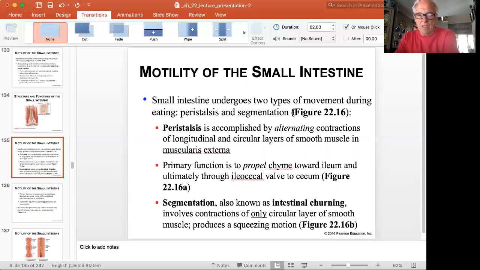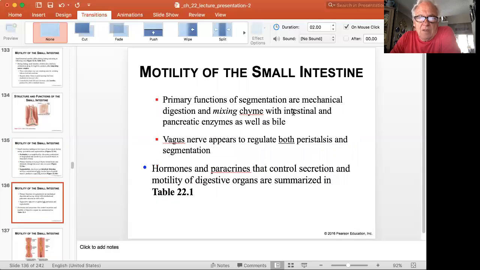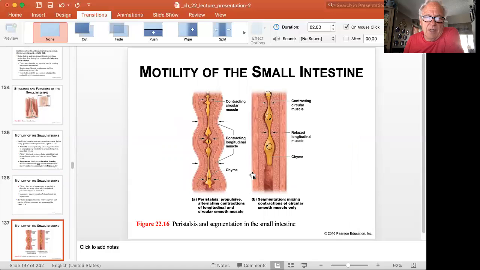In the small intestine, peristalsis involves both contracting of the circular muscles and contracting of the longitudinal muscles. So food gets squeezed together and then moves down, whereas segmentation is just contraction of the circular muscles.